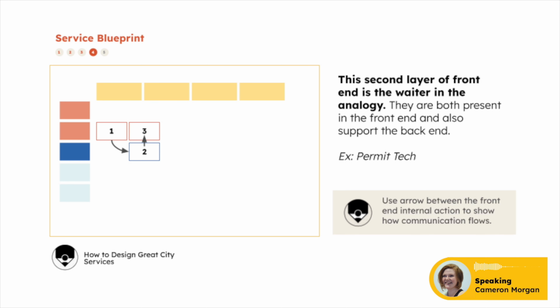Because you get to see those interactions. It's important to note with an arrow where the directionality of that action is going. So step 1 is going to our permit tech here in step 2. And then whatever the permit tech is doing in step 2 is going back to the event organizer for that third step, right? So it's a little bit more of a dance here as we look at the service blueprint.